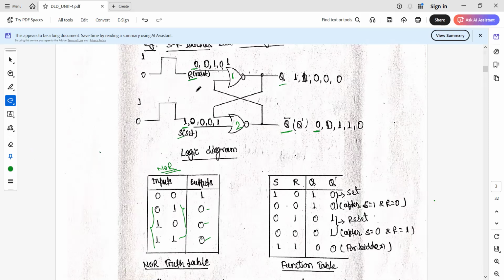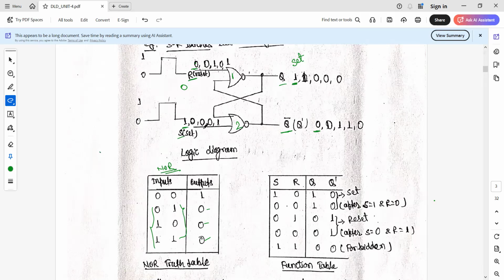Now this 0 becomes the input to NOR gate 1. So both inputs are now 0, 0, and the output of NOR gate 1 is 1. So when Q is 1, then Q bar is 0. Both are complements of each other, or the outputs are complementary. Q is 1, so this is called the set state. This is the condition we are taking.